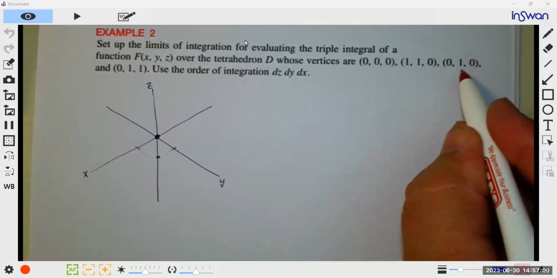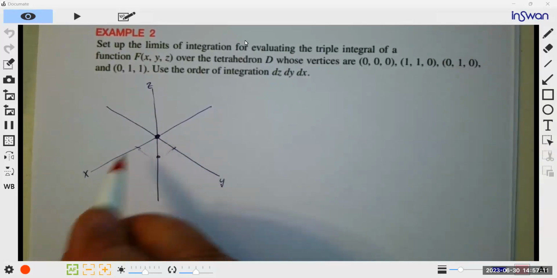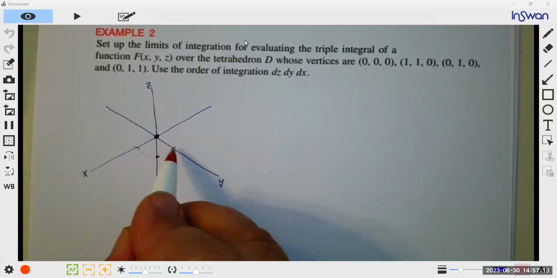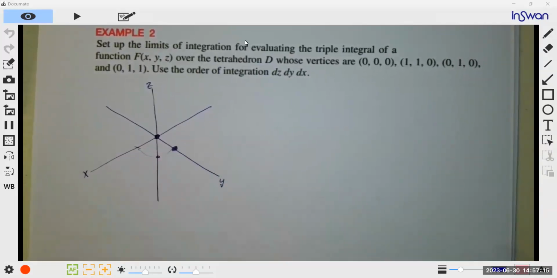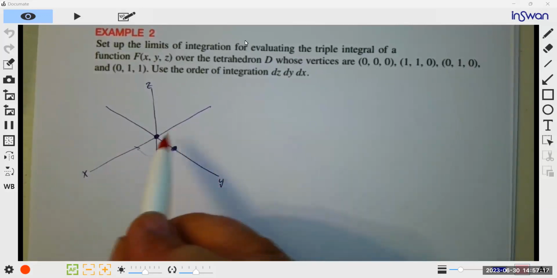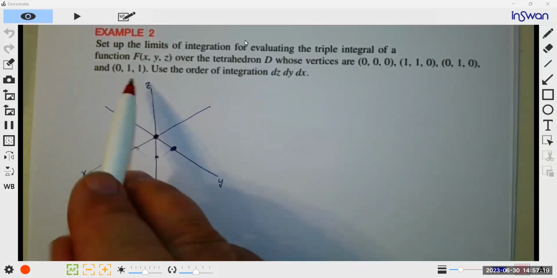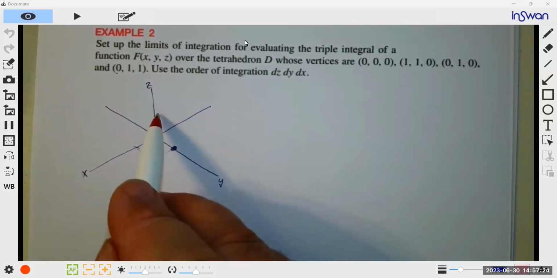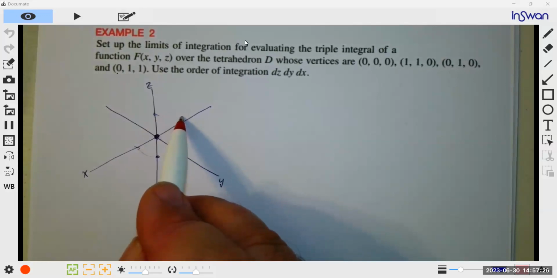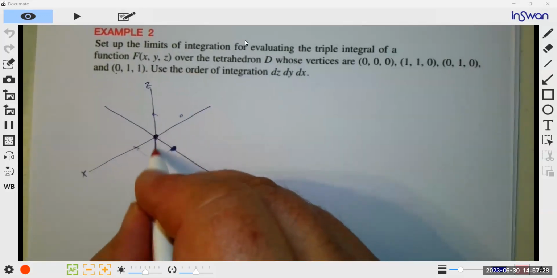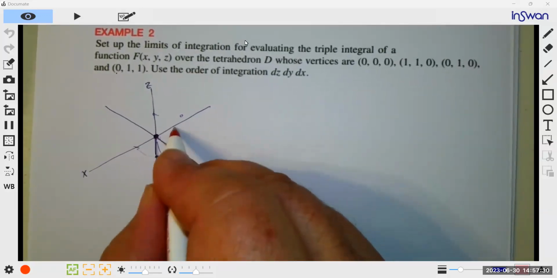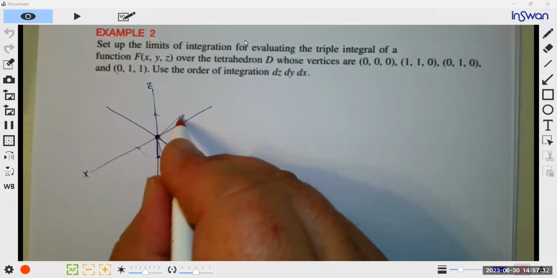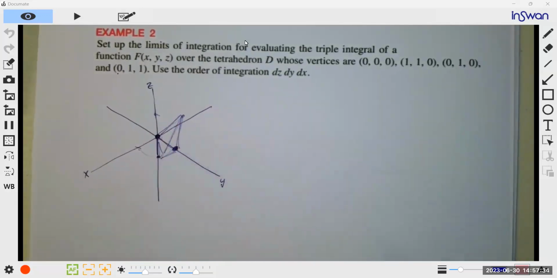We have a point at 0, 1, 0. So it's another point there. And then we have another point at 0, over and then up 1. So this is our shape.